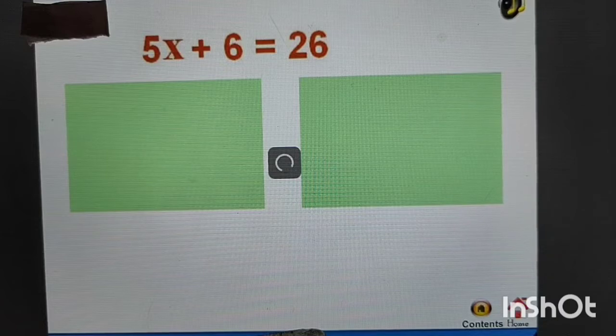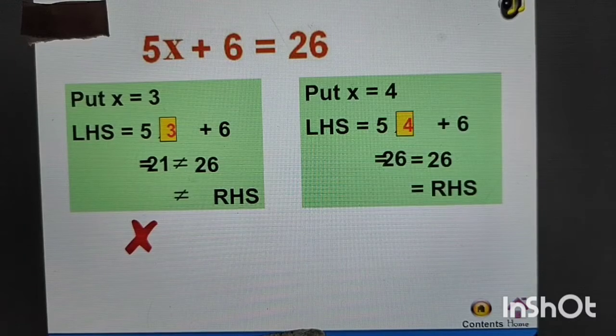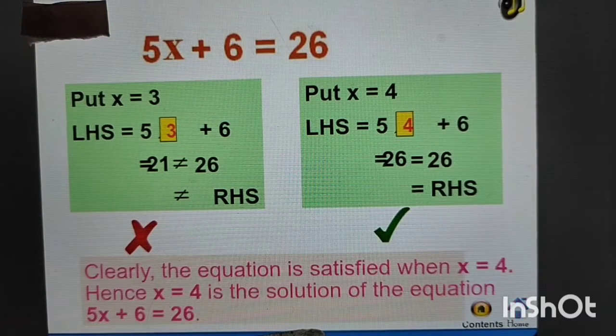Similarly, the equation is not satisfied for x is equal to 3. Now we put x is equal to 4 and find the left hand side is equal to the right hand side. So x is equal to 4 satisfies the equation. Hence, x is equal to 4 is the solution of the equation 5x plus 6 is equal to 26.